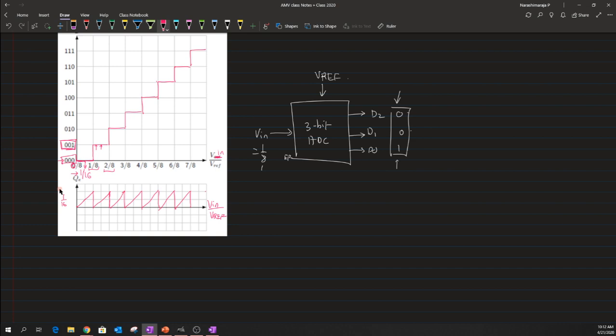In order to put this quantization error in terms of a mathematical quantity, I could also draw an analog signal on top of this graph, which is nothing but a straight line.